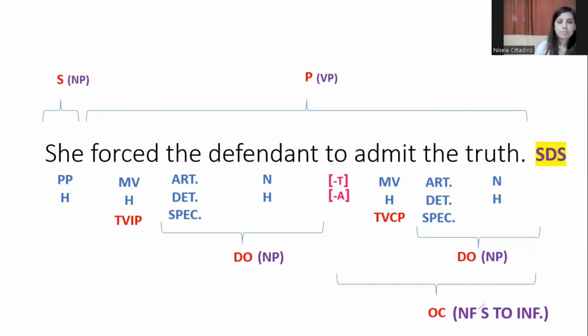Forced is the main verb of the sentence and the head, and it is a transitive verb because it needs a direct object. She forced who? I need a direct object. Of incomplete predication: she forced someone to do something. So I need an objective complement after the direct object. So it is of incomplete predication.